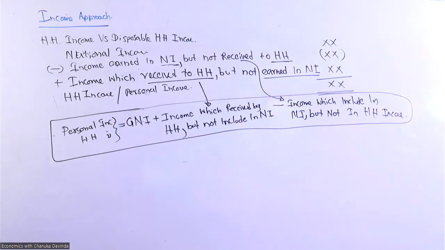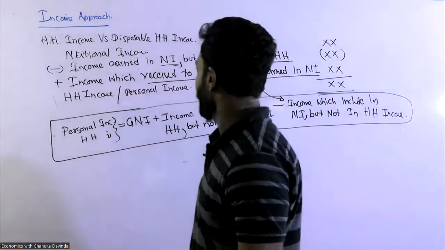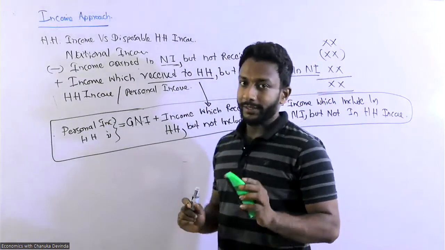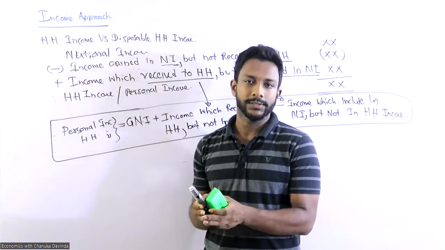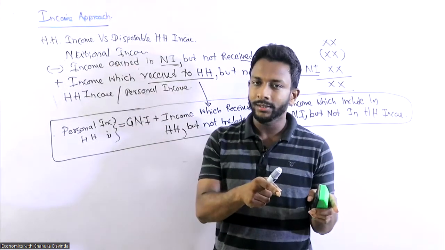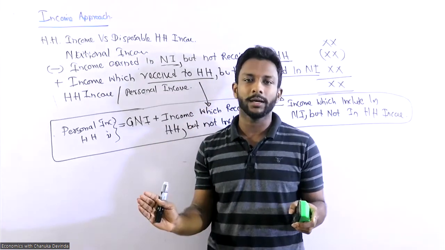That is what I was explaining above. Right, I'll explain it again. In the national income, there are some income elements which are included in national income but not included in personal income or household income.